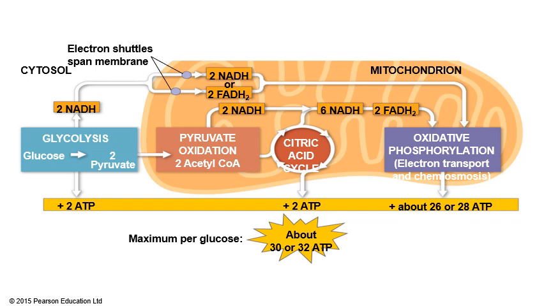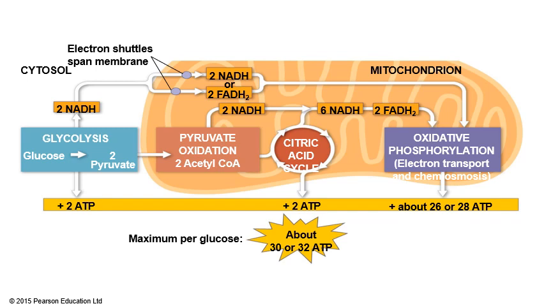So the total from one molecule of glucose is about 10 molecules of NADH and 2 molecules of FADH2. They deliver electrons into the electron transport chain.